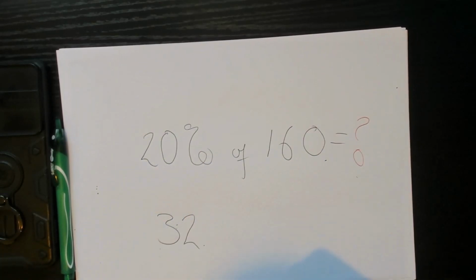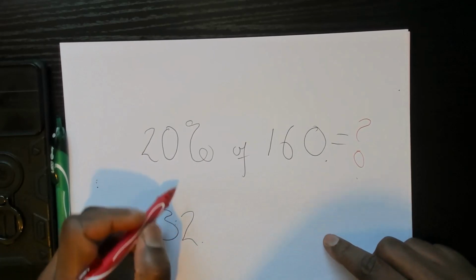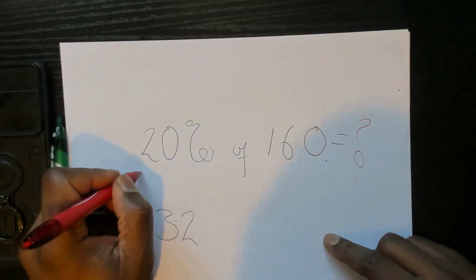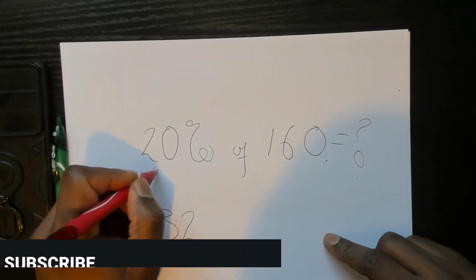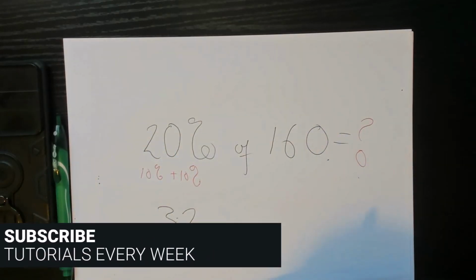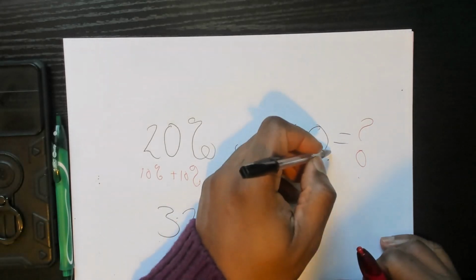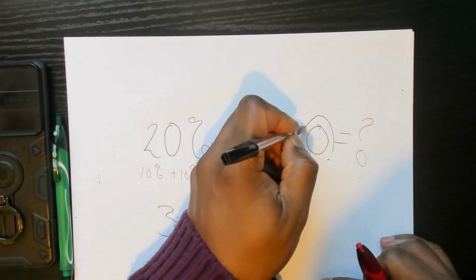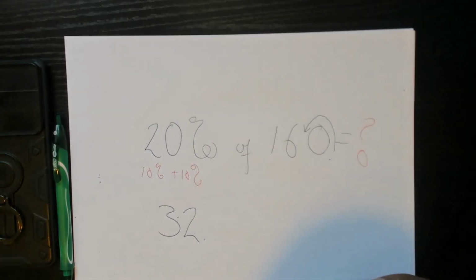32. And again, applying the same technique, you should know that 20 is nothing more than 10% plus 10%. And as before, we know that to get 10% of any number, we move the decimal place 1 spot to the left.